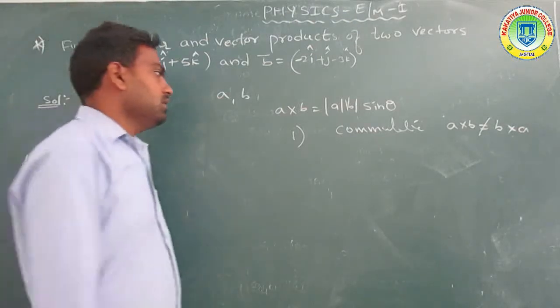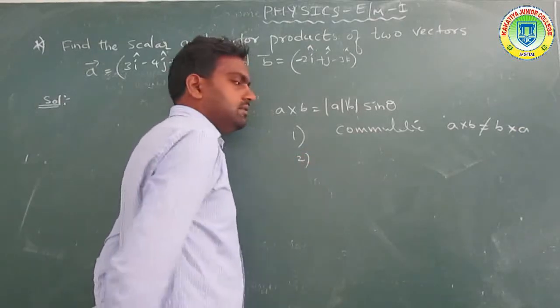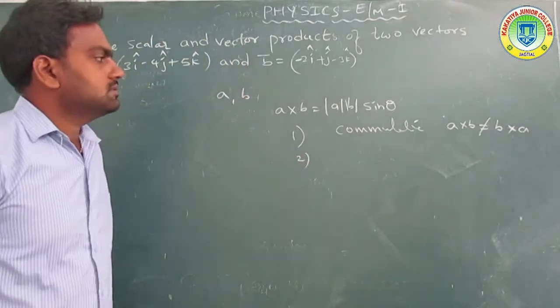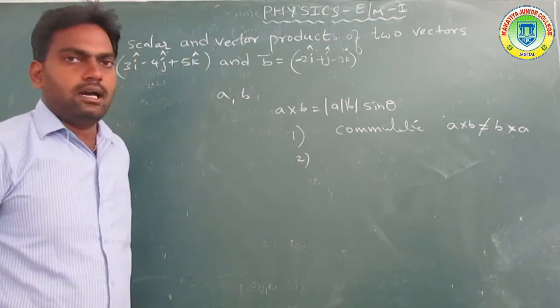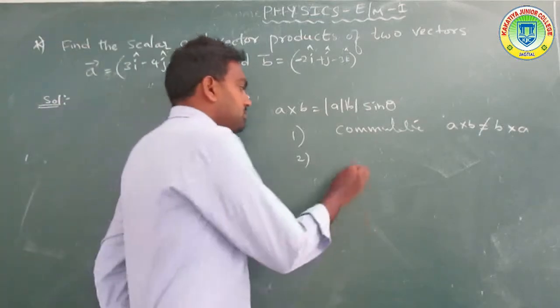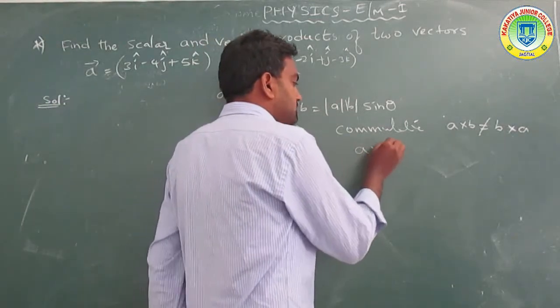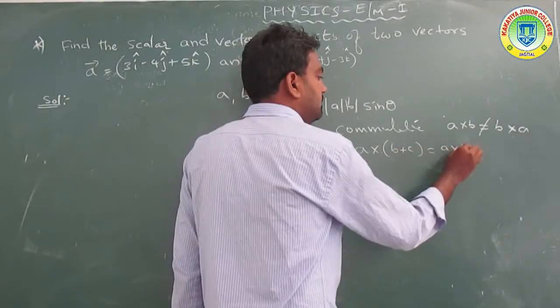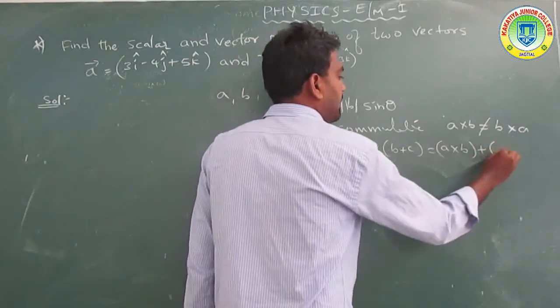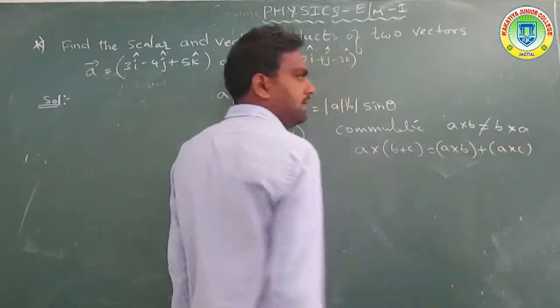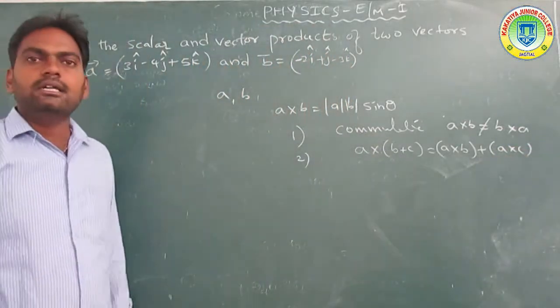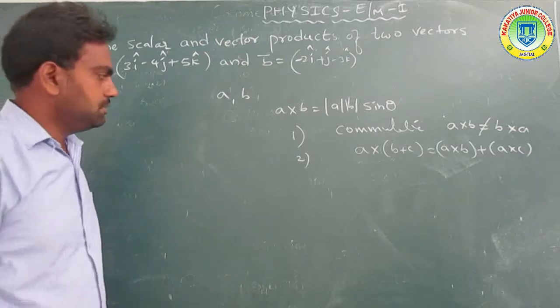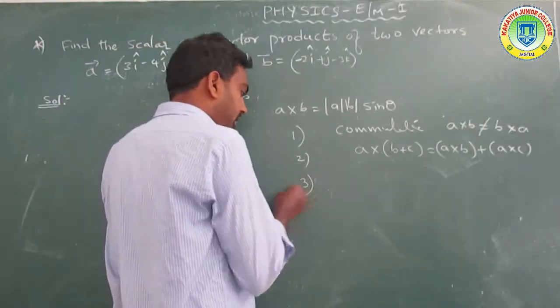Second, it obeys the distributive law: A cross (B plus C) is equal to A cross B plus A cross C.